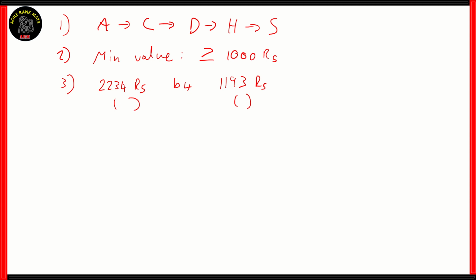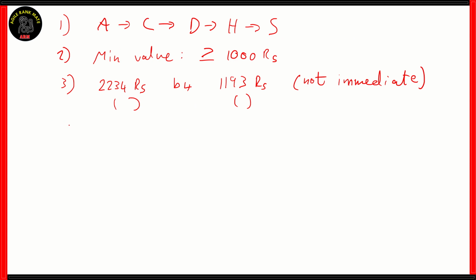We don't know who spent 2234 and who spent 1193, but we know that this value has to come before that. And when it comes to one value before another, it is important to note that it doesn't always have to be immediate. So it's not the case that 2234 has to be right above 1193. It could be 2 places above, 3 places above, etc. But the fact is that 1193 cannot come before 2234 in the particular order of women arriving at the designated place. That's all.